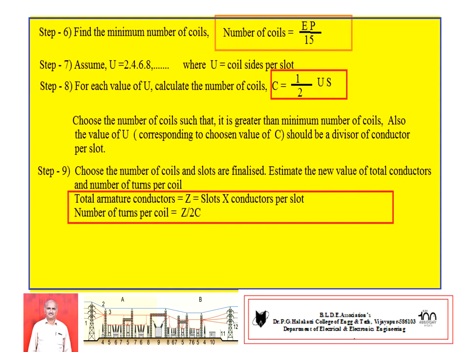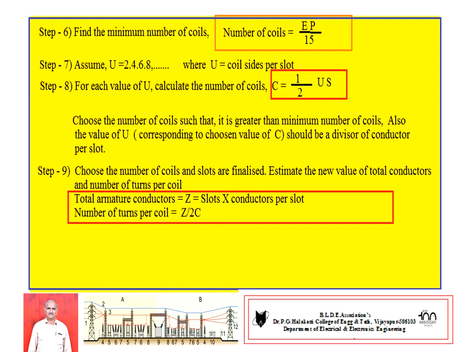For each value of U, calculate the number of coils, C equals half U S. Choose the number of coils such that it is greater than the minimum number of coils calculated in step number 6. Also, the value of U corresponding to the chosen value of C should be a divisor of the conductors per slot. This is also one condition to follow.